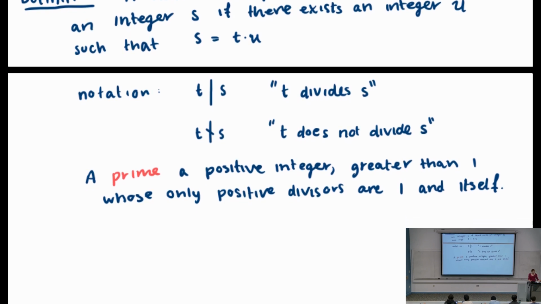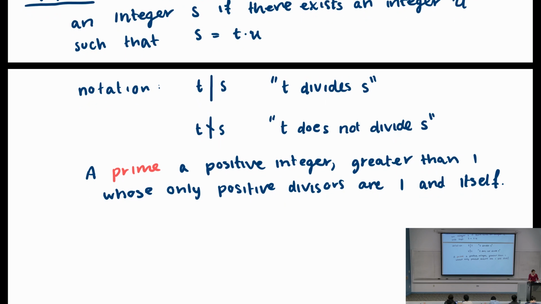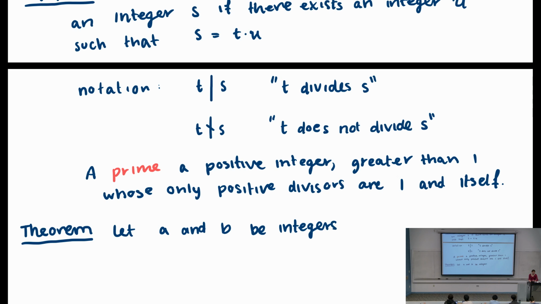Okay, so we're going to use the following theorem. So let's let A and B be integers with B greater than 0.